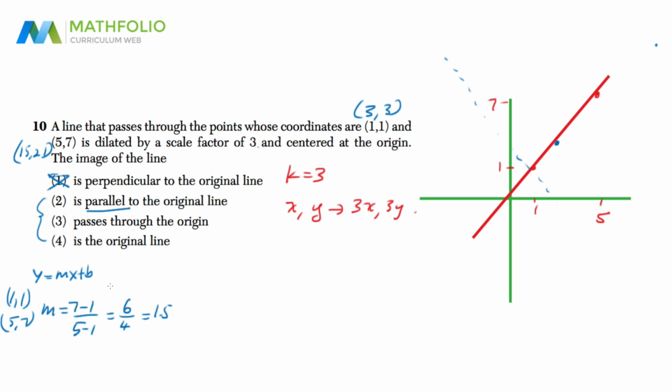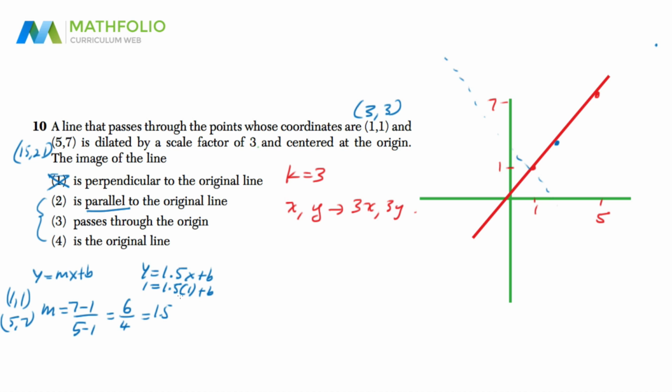Now we can put that 1.5 back in, so y equals 1.5x plus b. And while we're at it, let's take one of these points, 1, 1, and plug in. So 1 equals 1.5 times 1 plus b. So 1.5 times 1 is 1.5.